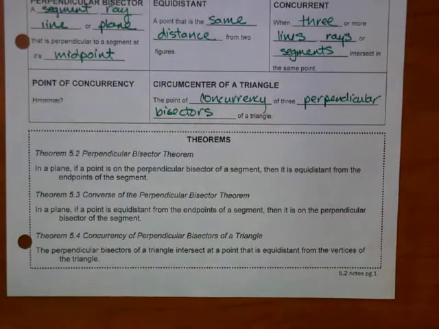So if you take the perpendicular bisector of every side of a triangle, it's where those perpendicular bisectors intersect. It's called the point of concurrency, and it's also the circumcenter of the triangle. So we'll see that on the other side.